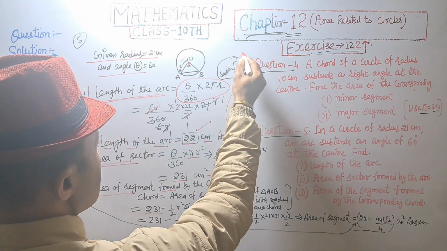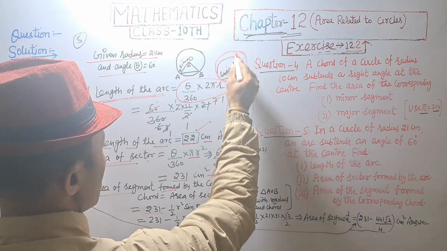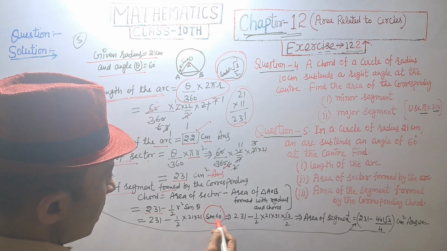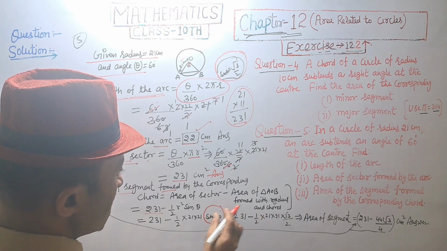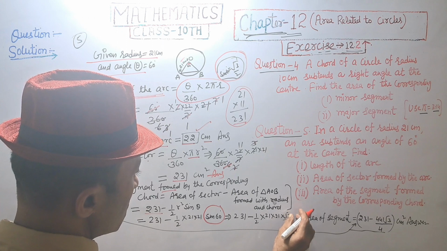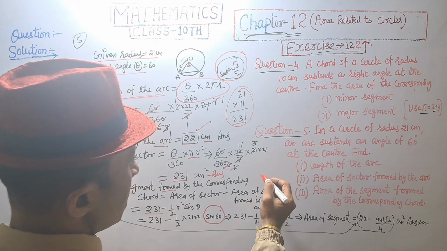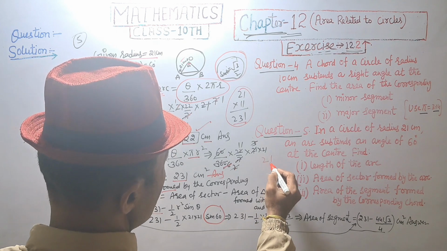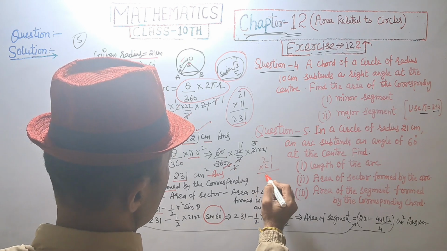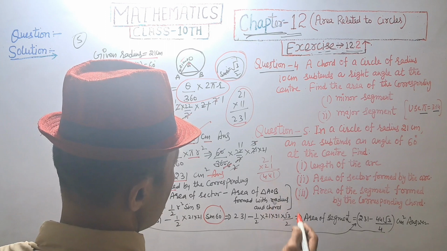As we know that sin 60 degree is equal to root 3 upon 2. Putting the value of sin 60 degree here, root 3 upon 2, 2 2s are 4, and 21 multiplied by 21, that is 441.